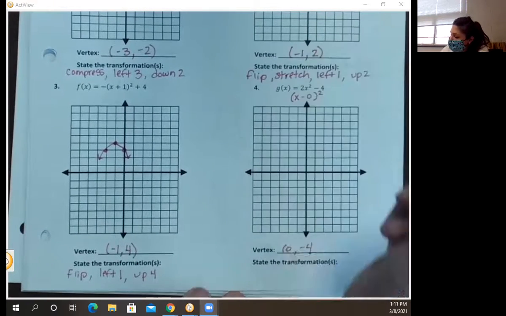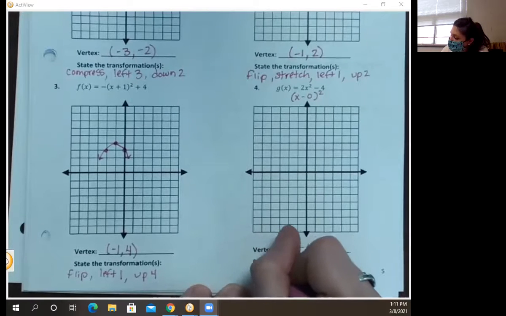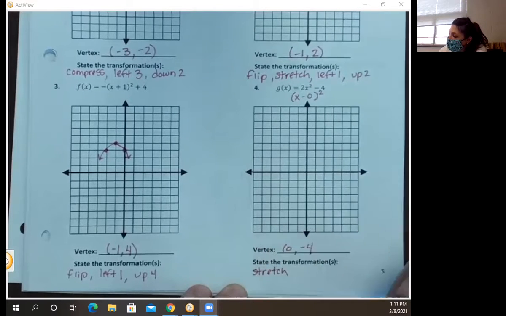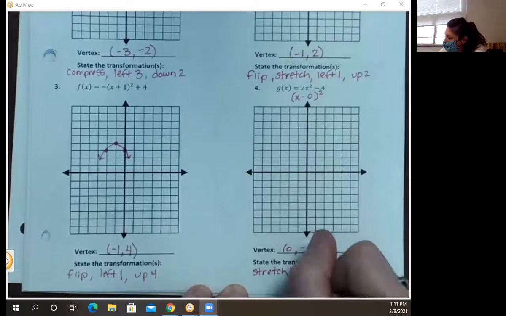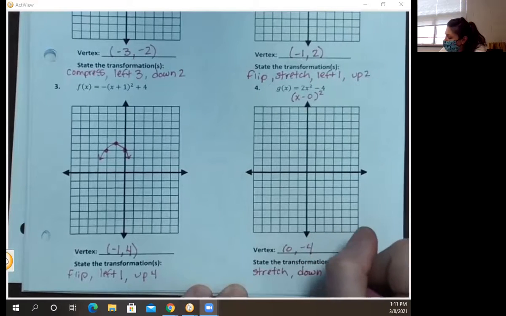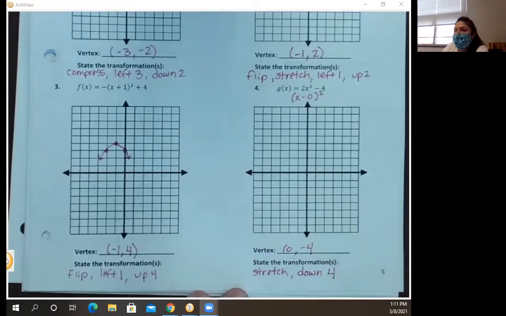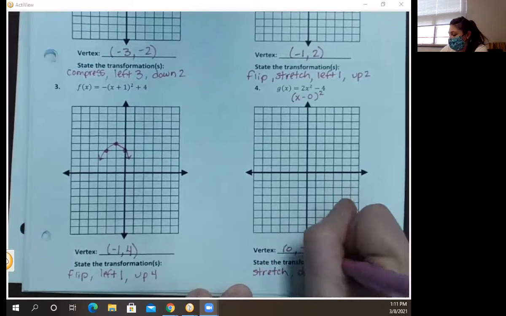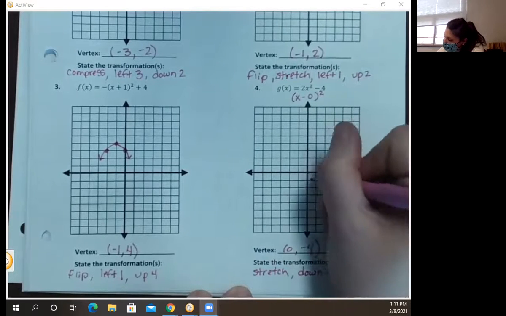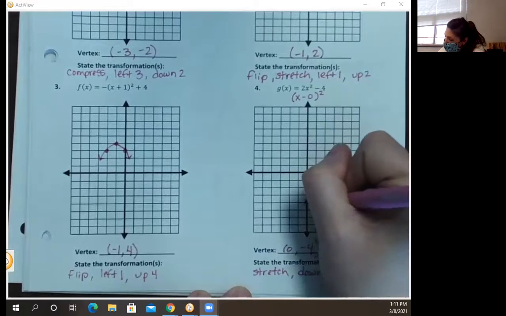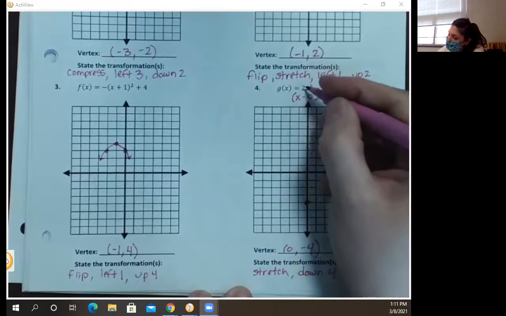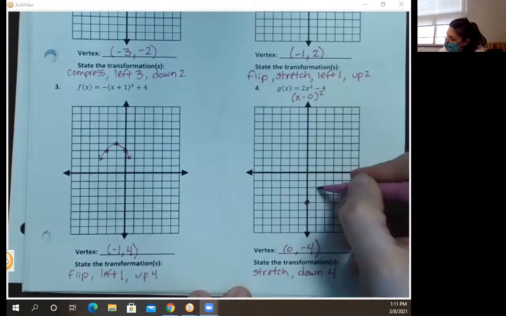We have a 2 as a lead coefficient. So we are stretching this graph. And then we're moving it down 4. But no left or right translation. So my vertex would be at 0, comma -4, 1, 2, 3, 4. And then we're stretching it by 2, so up 2 and out 1.